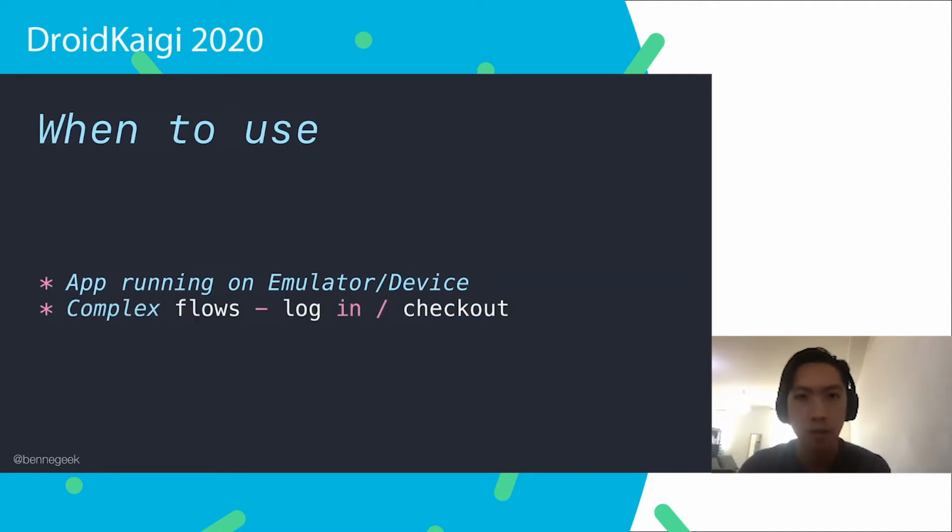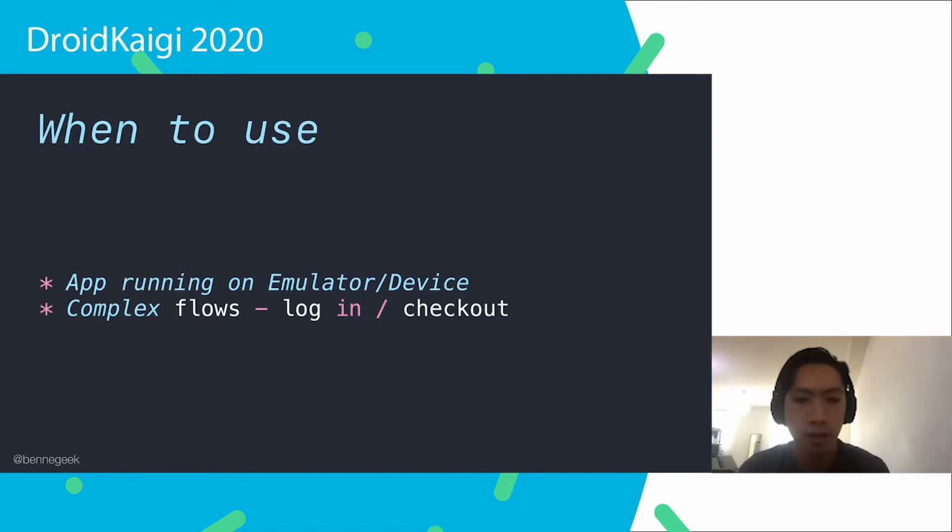And if you have complex flows, for example, login, calling the network, having some fields, and possibly displaying some alerts for errors, for example. And for example, there are navigation elements that are hard to mock. You can use integration testing.